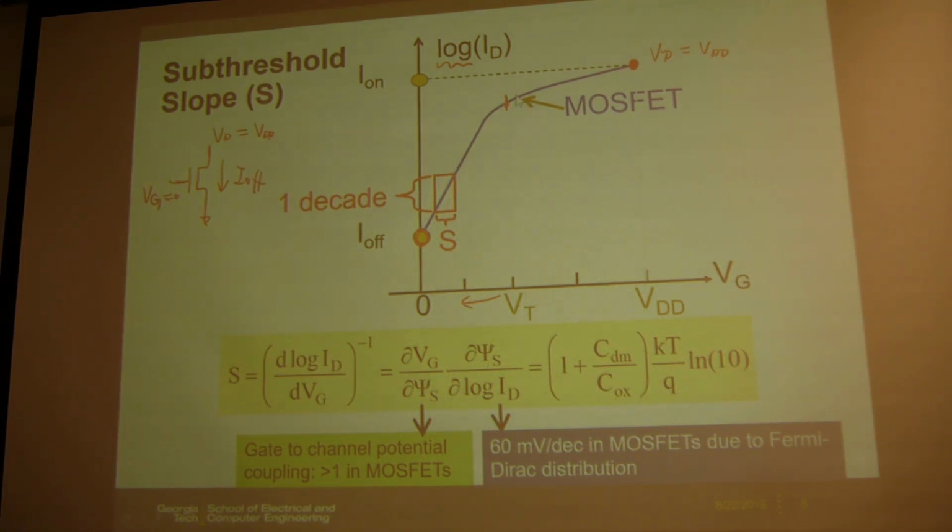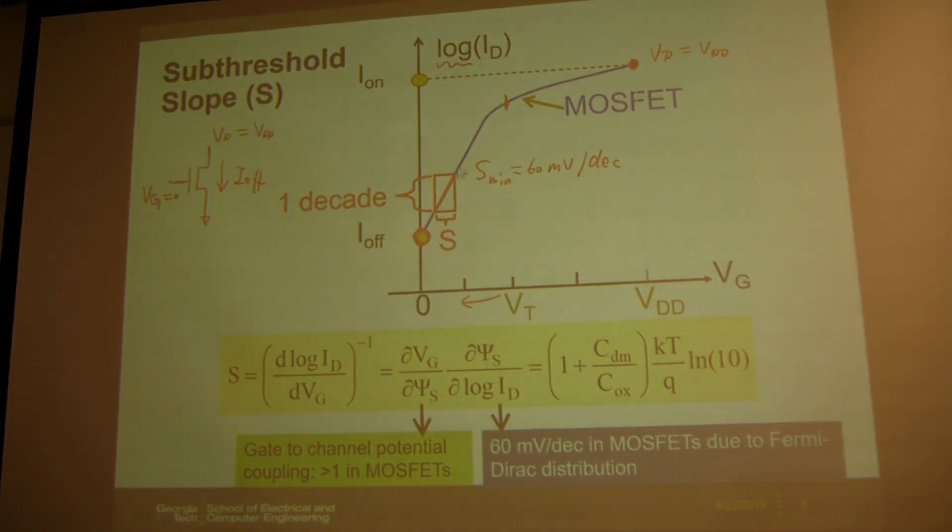So this is the exponential decay function here, and we define the slope here as the subthreshold slope, and it's typically represented by 60 millivolts per decade. So what does that mean?